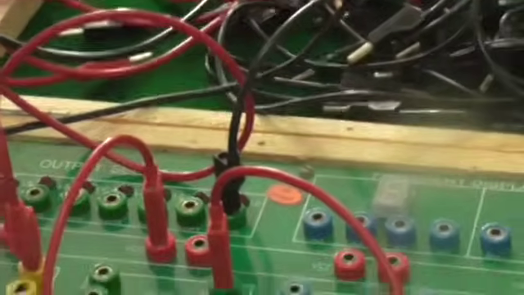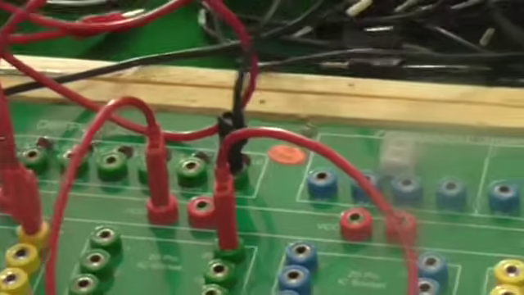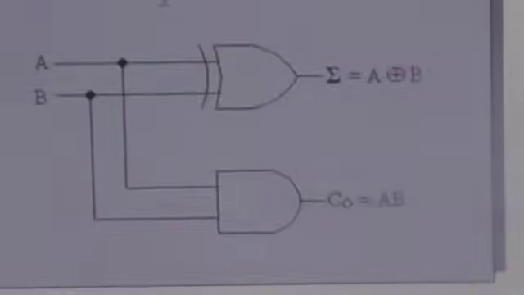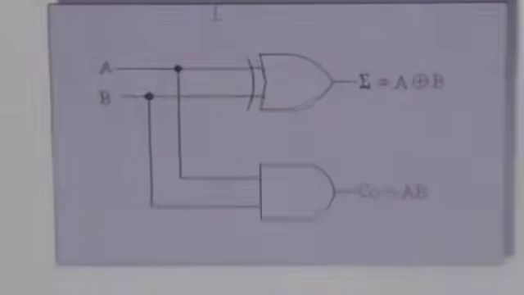Now on the second IC, just concentrate on that figure. Both the inputs are also connected to the AND gate. How exactly will it be connected? This is the first input, connected to the second AND gate.